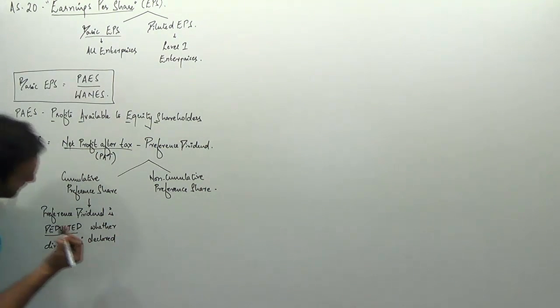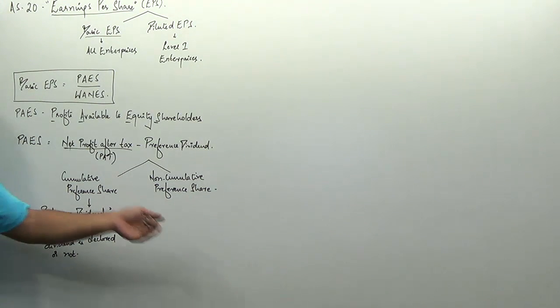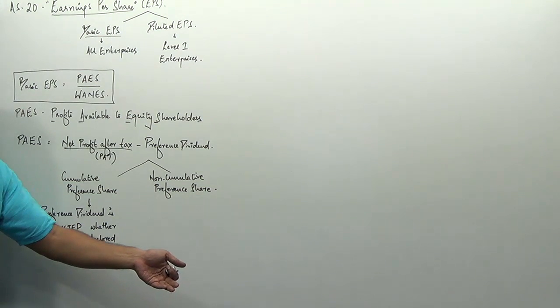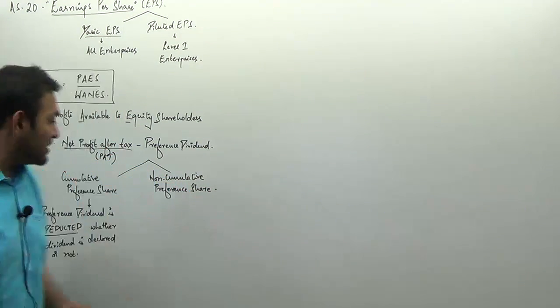Because dividend is normally declared only in case of sufficient profits. If there is insufficient profit, I will not declare the dividend. But still, I will have to deduct the preference dividend, because even though you are not declaring the dividend in the current year due to insufficient profits, you will have to pay the dividend in the subsequent financial years.